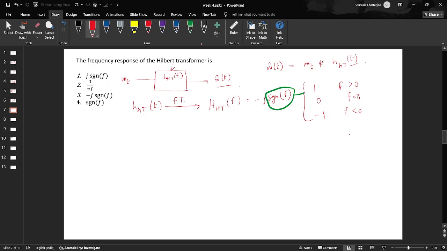Okay, so if I try to visualize this, let my x-axis be the frequency axis and y-axis be sgn(f). So what I am going to see here is this: for positive frequency it takes constant value 1, for negative f it takes value -1, and at 0 there is a shift.